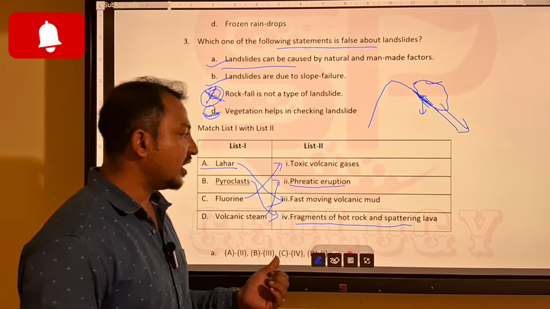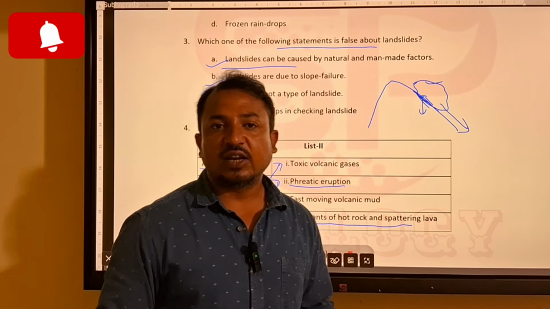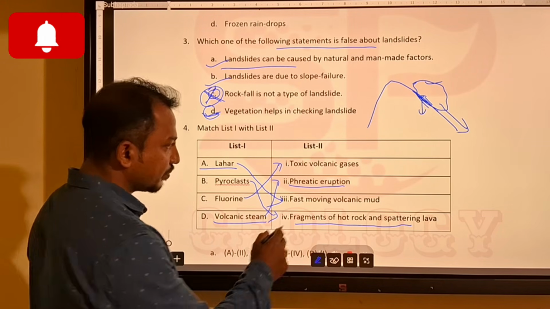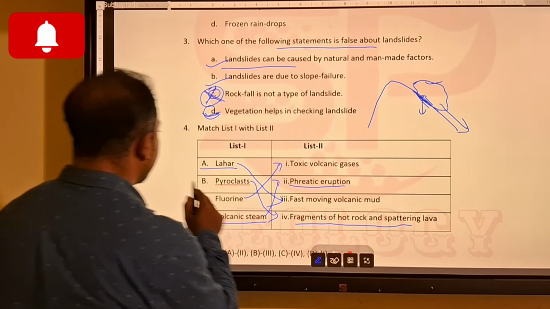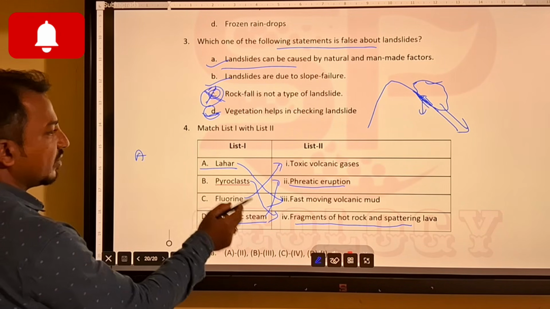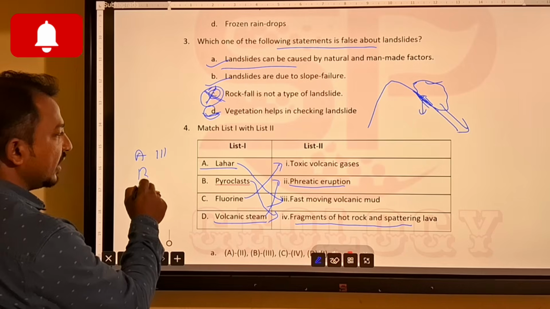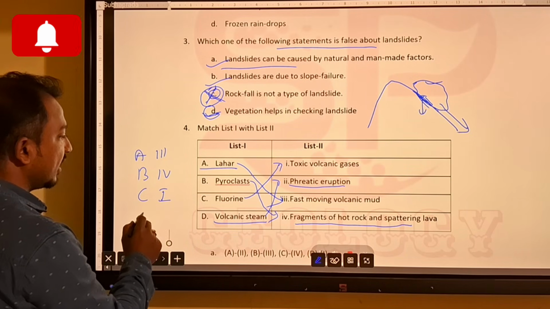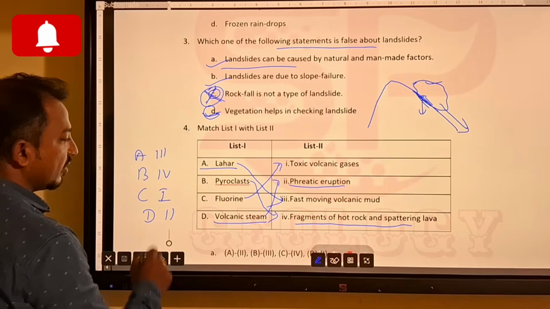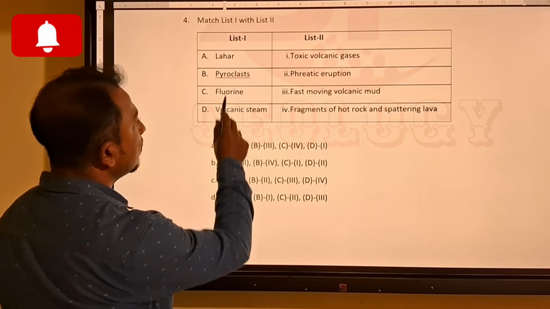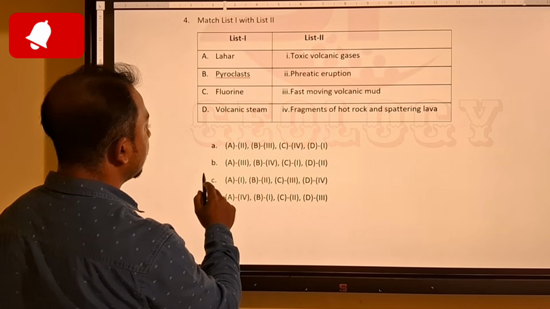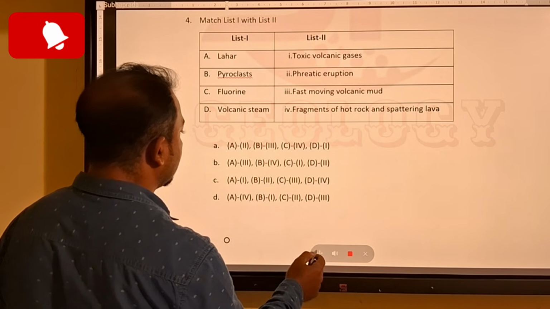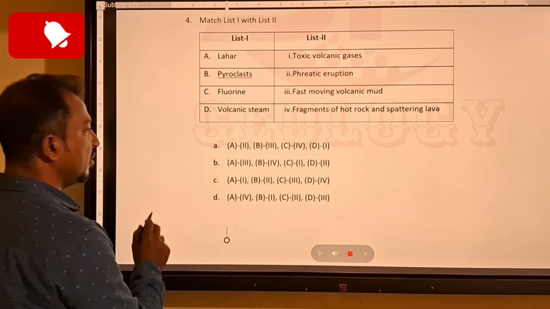So basically, a phreatic eruption is a volcanic eruption charged with water or volcanic steam. So A will be third, B fourth, C first, D second. Option B will be the answer.